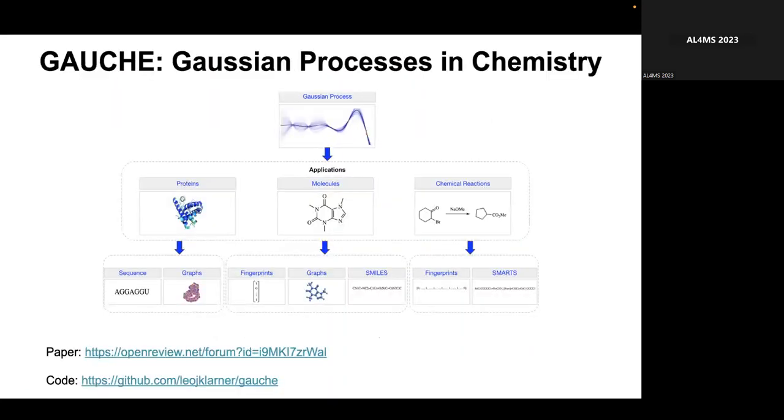What we aimed for is really to have chemistry-specific Gaussian processes for the different entities we look at in chemistry, like proteins, molecules, but also chemical reactions, and handle diverse representations of them.